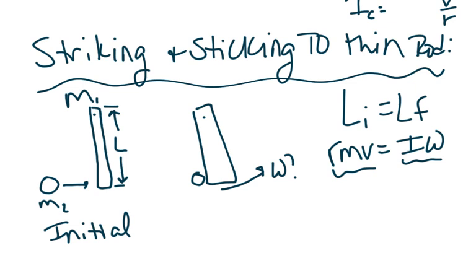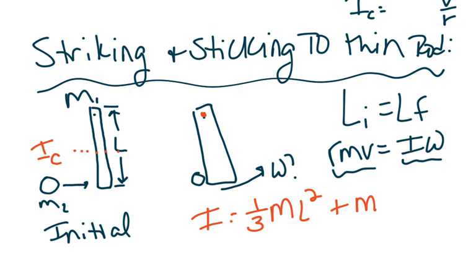We have a parallel axis theorem problem here because normal rotation would happen here. That's what we would call the rotational inertia about its center. But we move the axis of rotation up to the top. So you would have to use the parallel axis theorem for the rotational inertia, not just the given rotational inertia in the table.